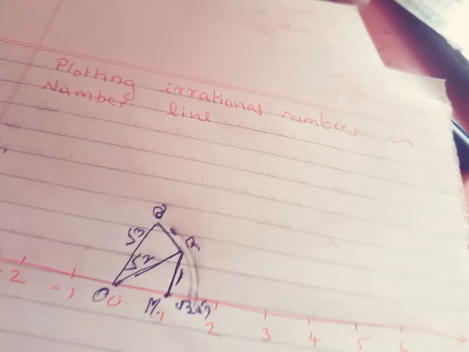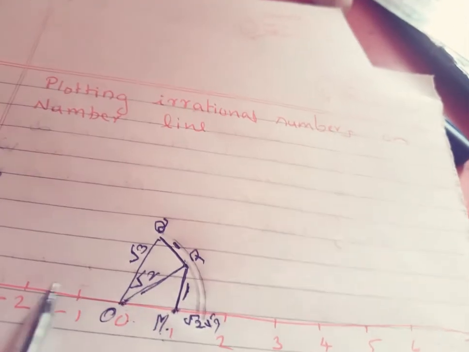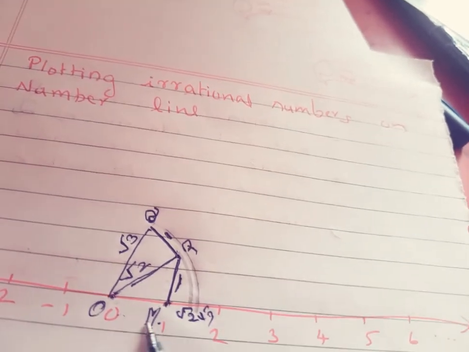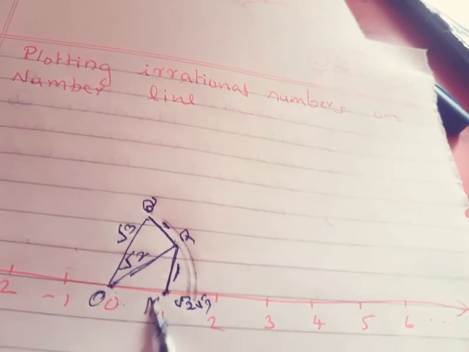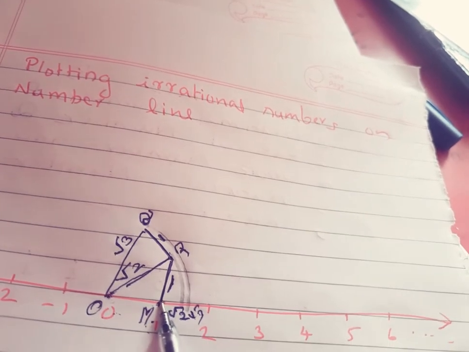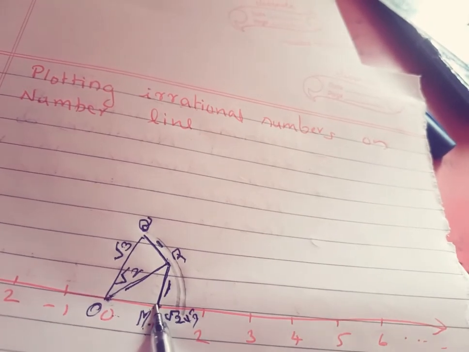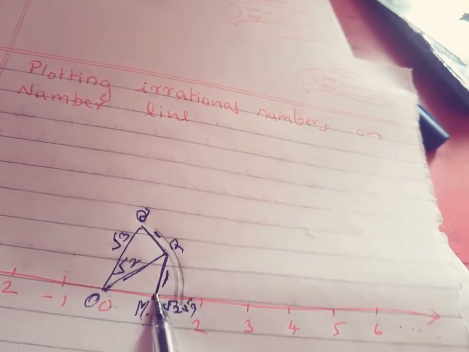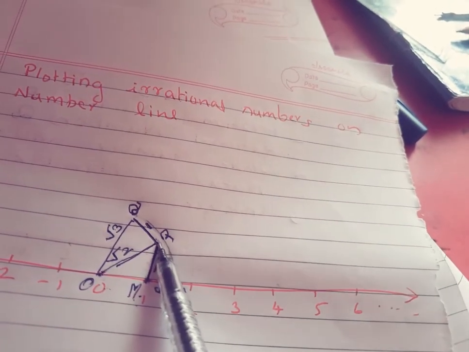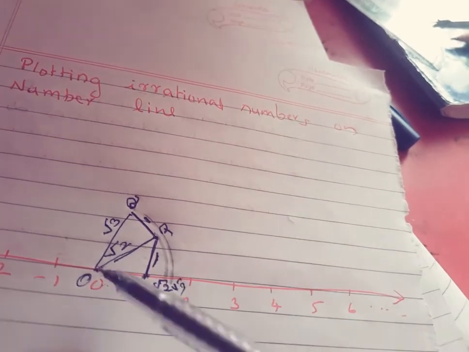Likewise, once more I will explain. Draw the number line. Mark the 0 point as O and mark the point 1 as M. Then from the point M, draw a perpendicular to the number line measuring unit distance, 1 centimeter, and mark that point as P. Connect OP.